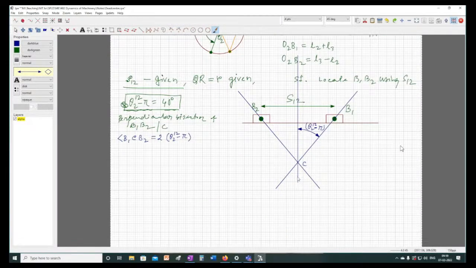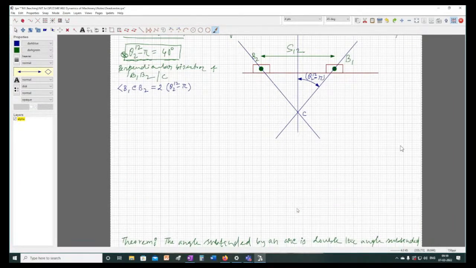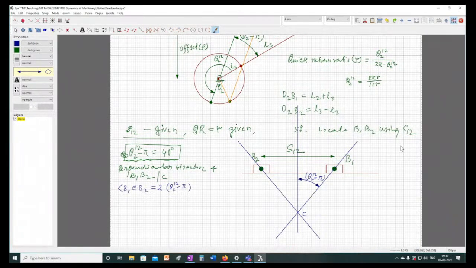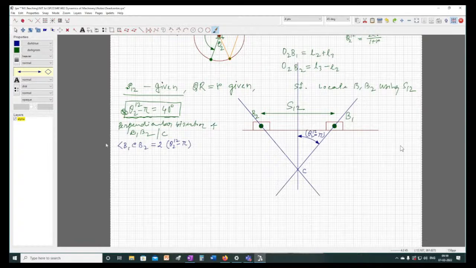Now to complete this theorem, we have to locate this point O2.